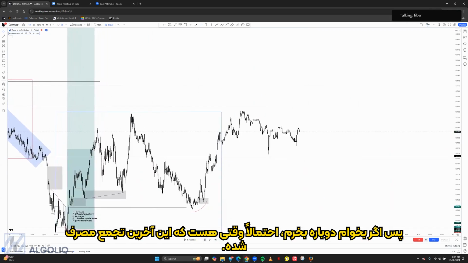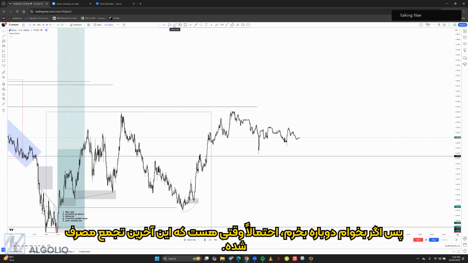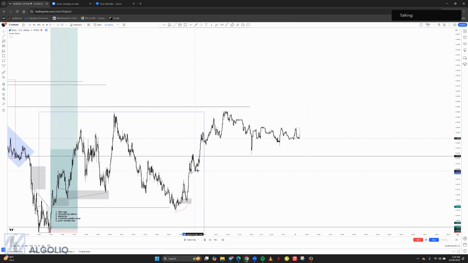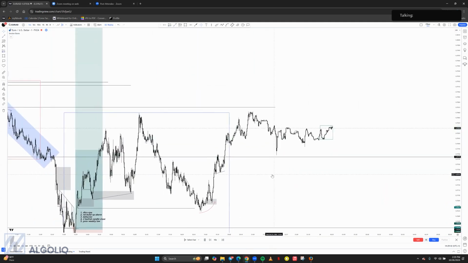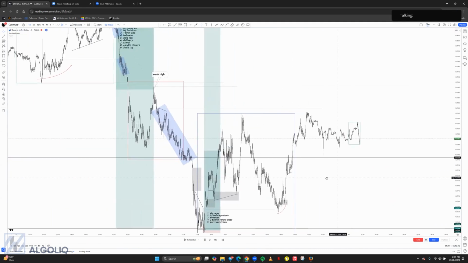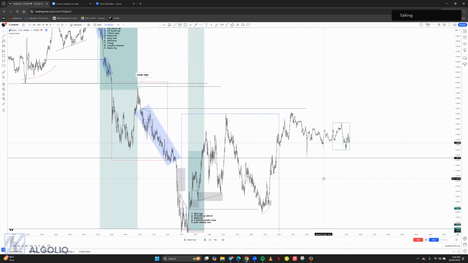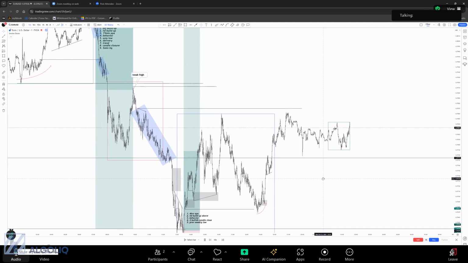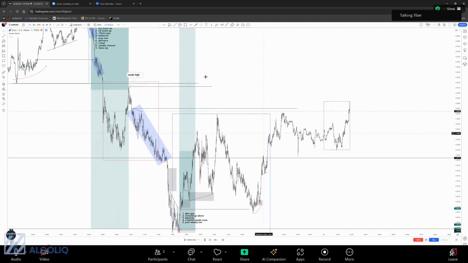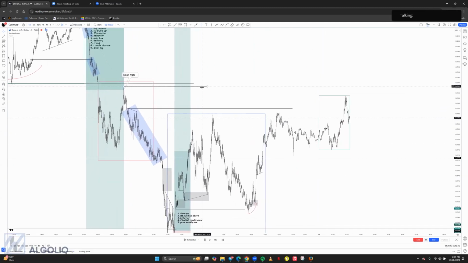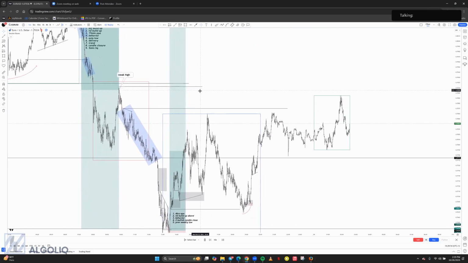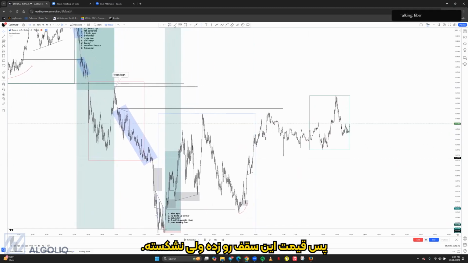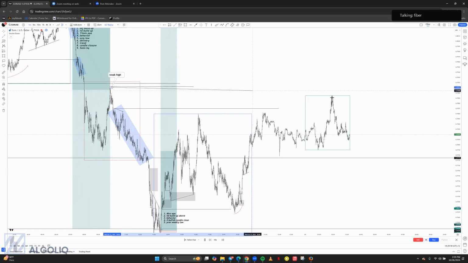So if I'm to buy again, it's possibly when this last build up has been taken. So for price mitigating this high without breaking it, it means what?